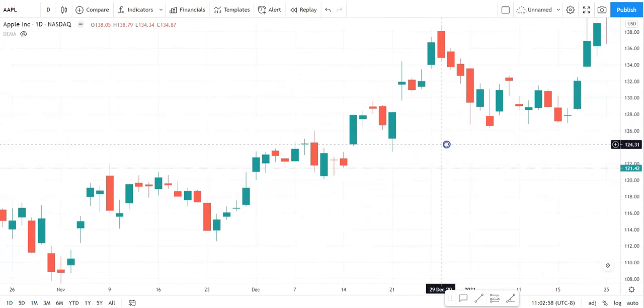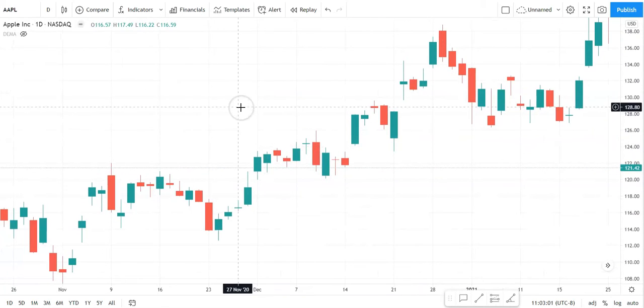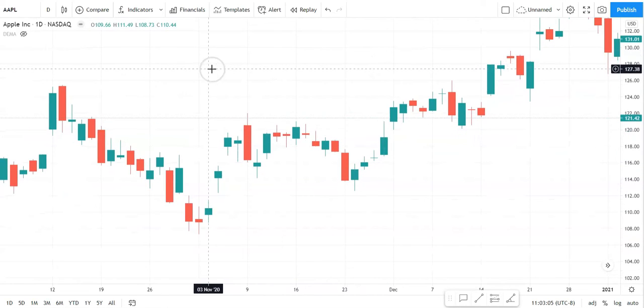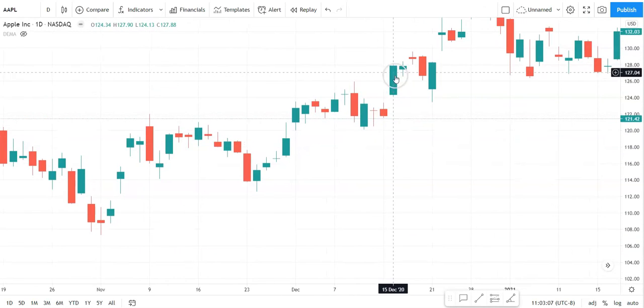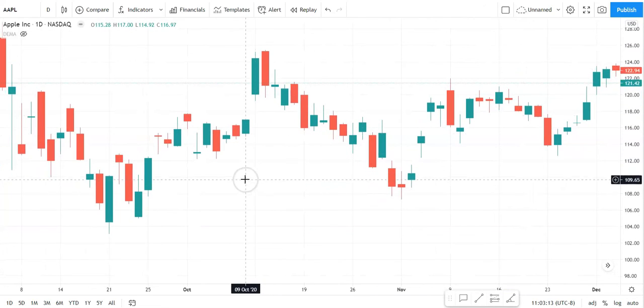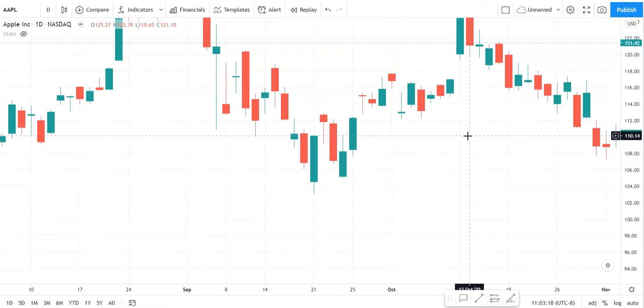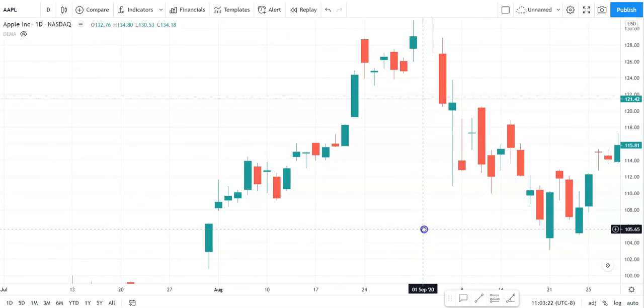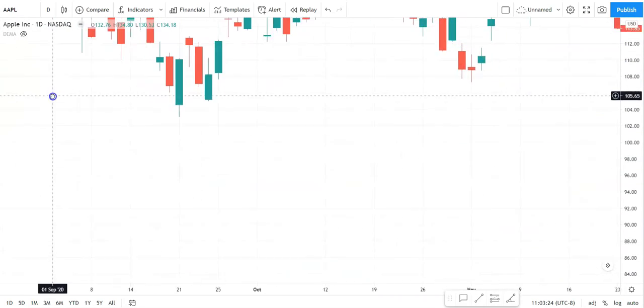Let's see if we can find an example where there's absolutely no wick, or very small. This one has a tiny lower wick, not a lot of upper. It's pretty rare, but it does happen. Anyways, let's keep rolling.